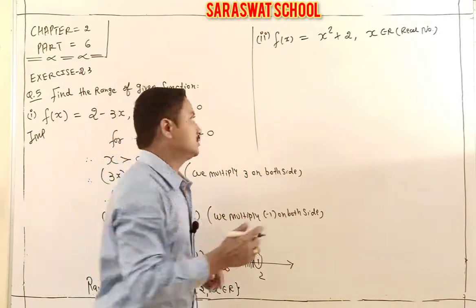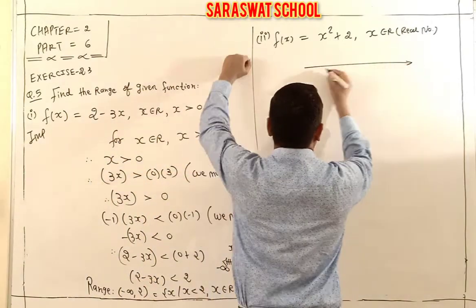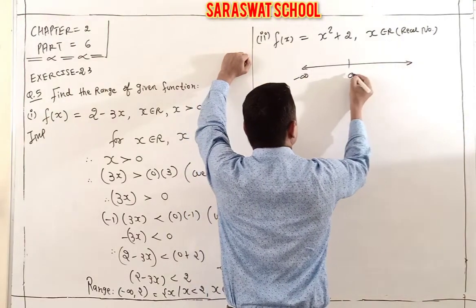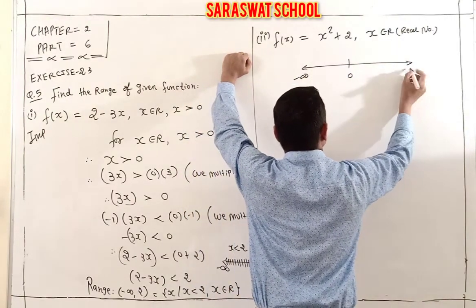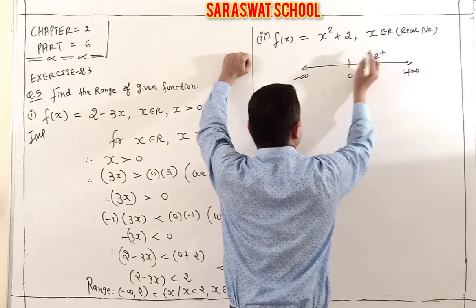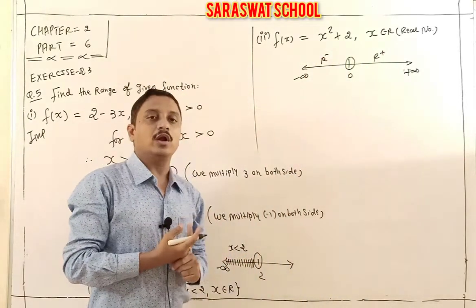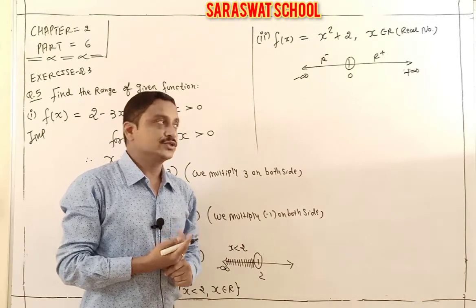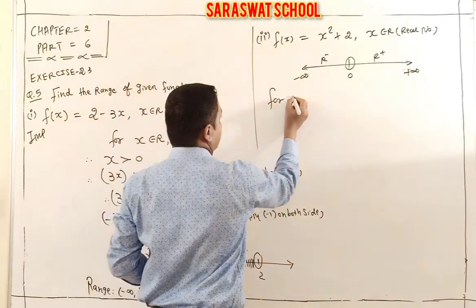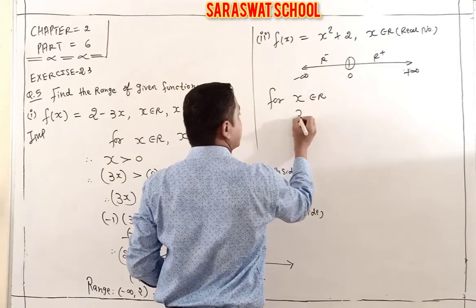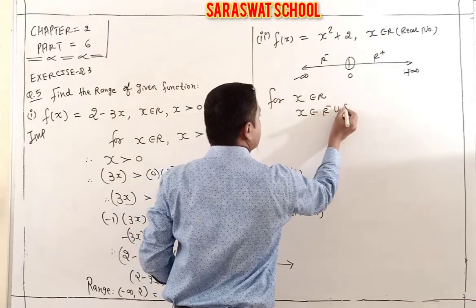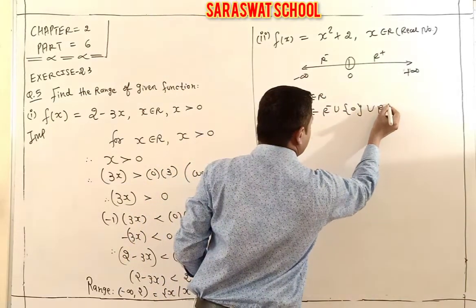Every real number, students, I just show as R. Here minus infinity, 0 and plus infinity. It is R plus, R minus and including 0. It is called real numbers. So, for x belongs to R, you know that it is R negative, union 0, union R positive.